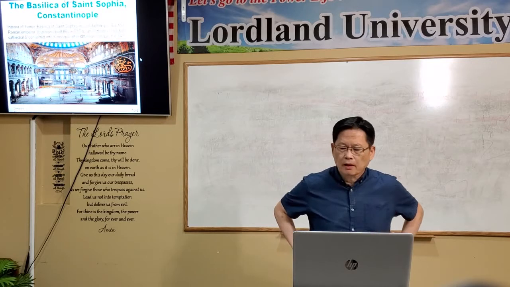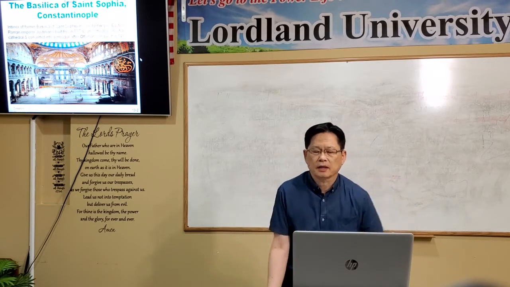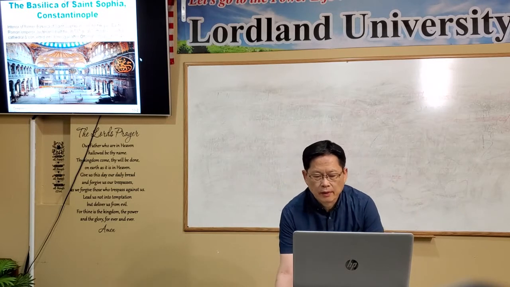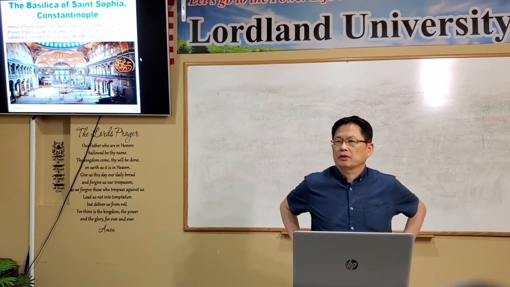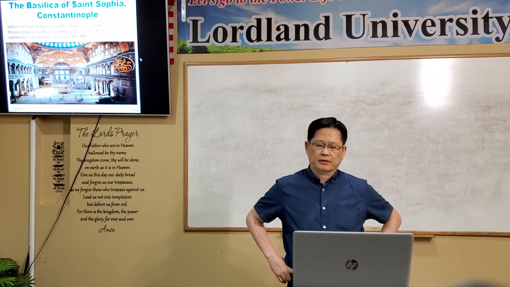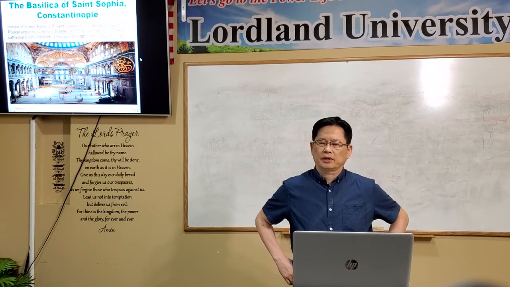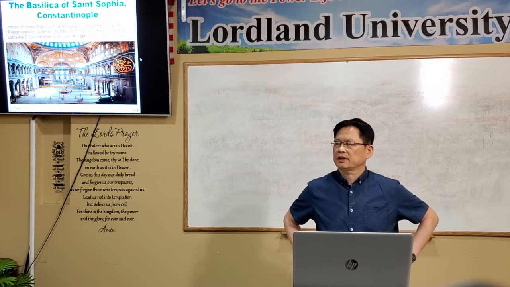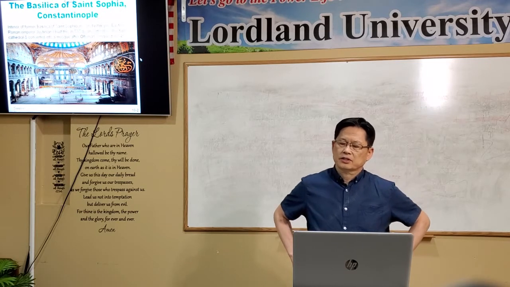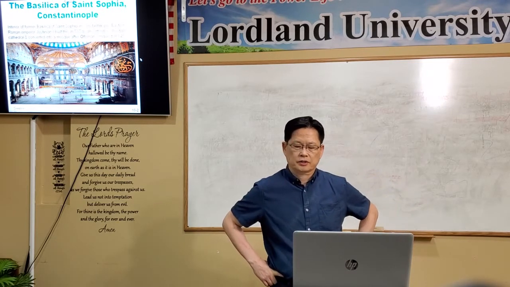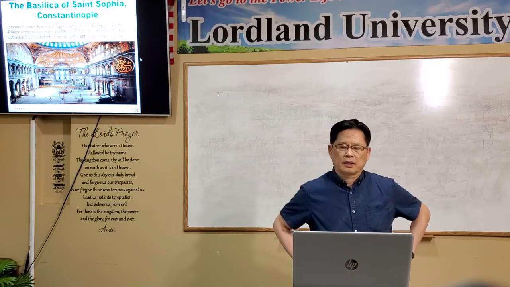This basilica was built by the Eastern Roman Emperor Justinian I in 537 as an Orthodox Christian cathedral.